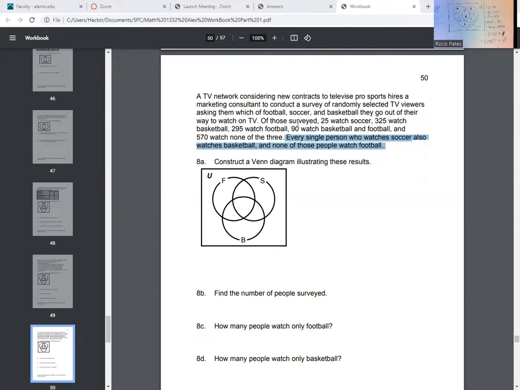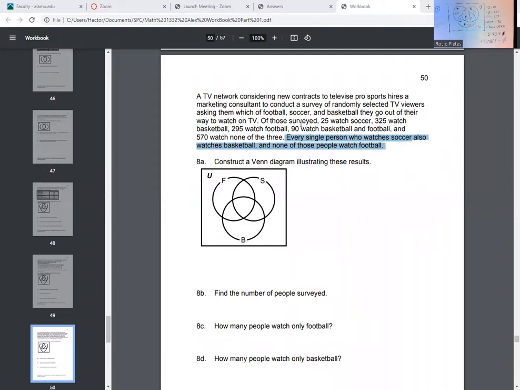And 90 watch basketball and football, so B and F is 90. 570 watch none of the three. Every single person who watches soccer also watches basketball. That means S and B are not empty.